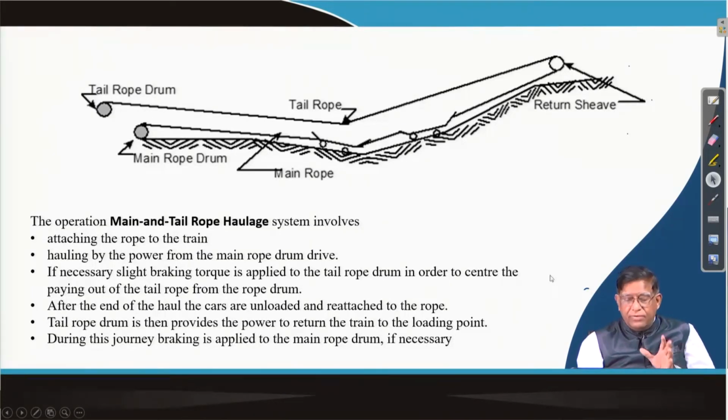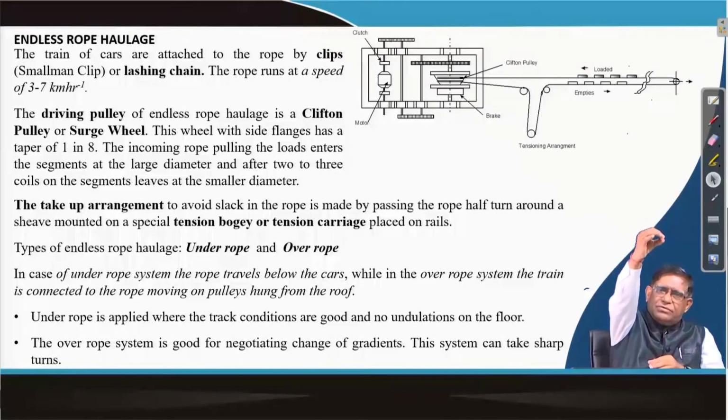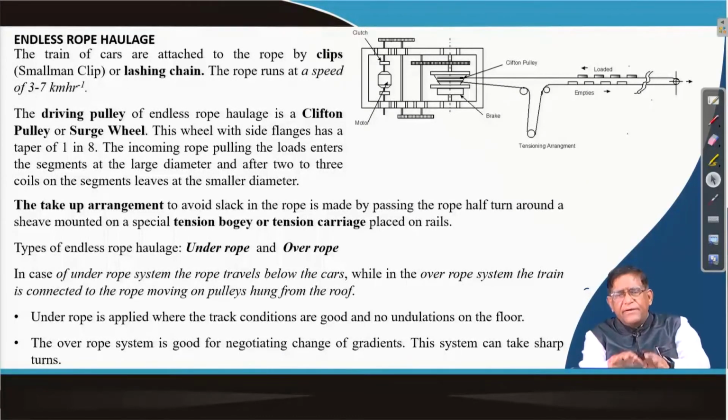Your main and tail rope haulage I have already told, that is how it will be travelling over here. Then in this endless rope haulage, as you have seen, this is basically a driving pulley which is called a Clifton pulley. This can be done in two ways, that is under rope or over rope. In case of over rope, in a gallery, your rope is suspended from the roof, and in under rope it is laid on the floor.